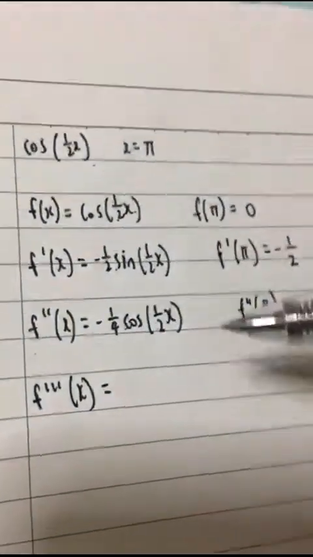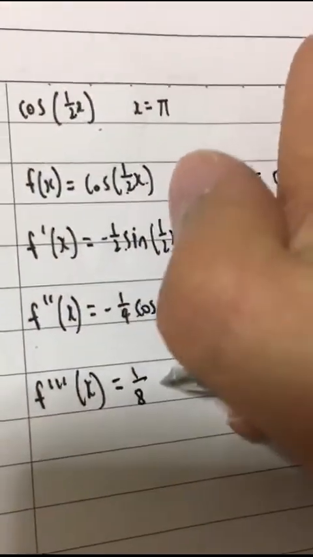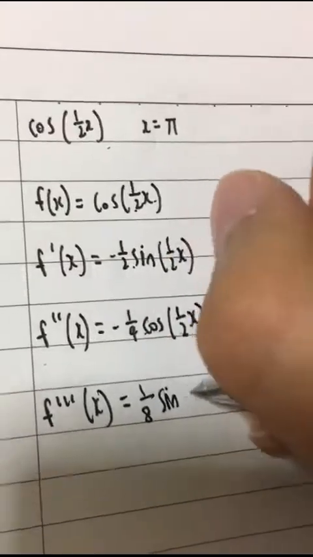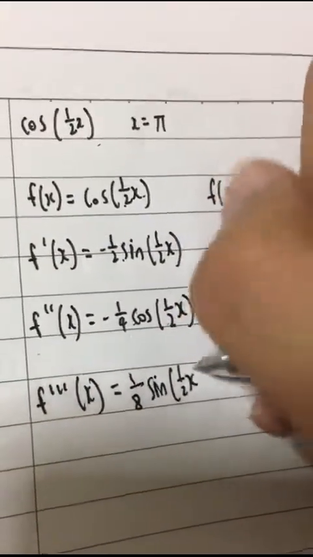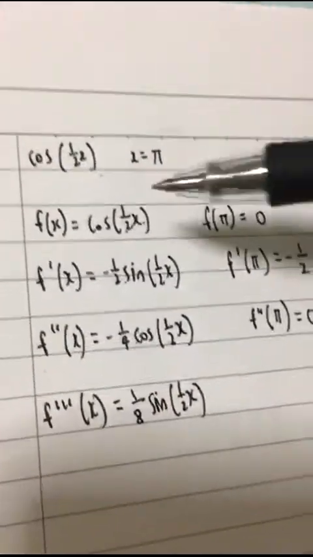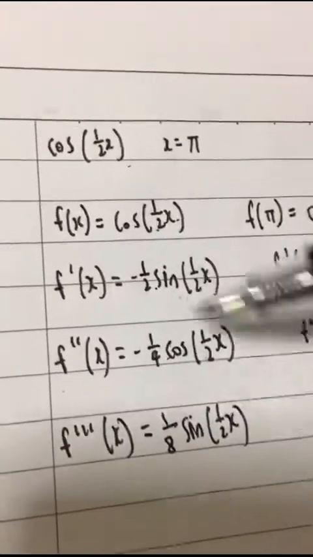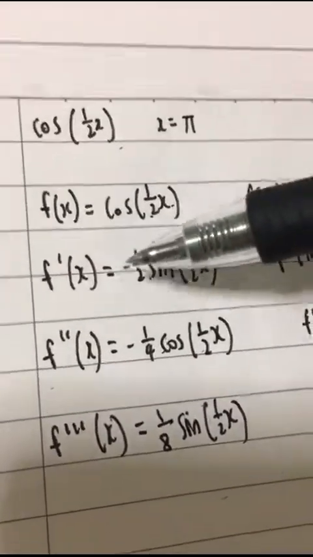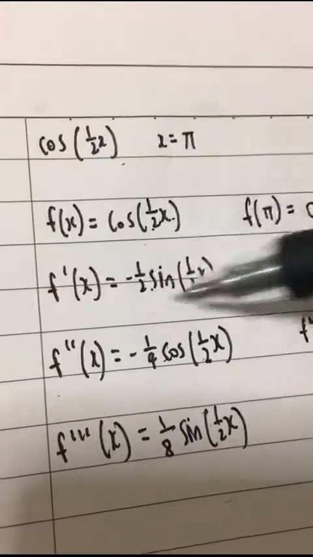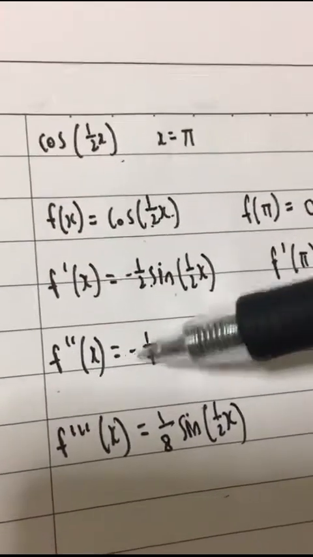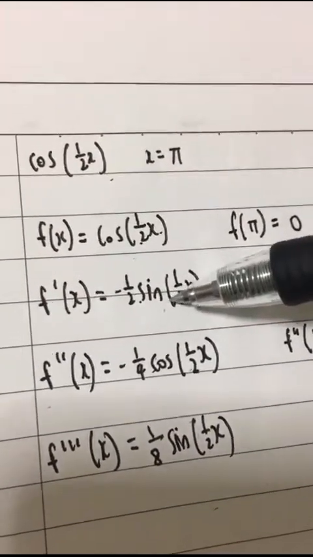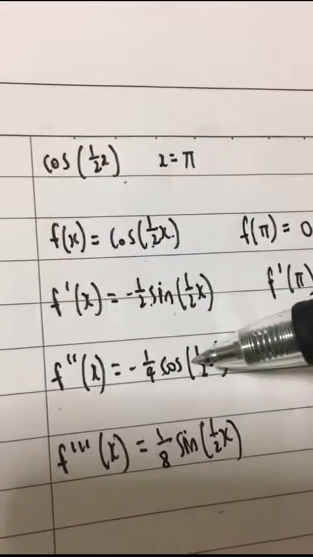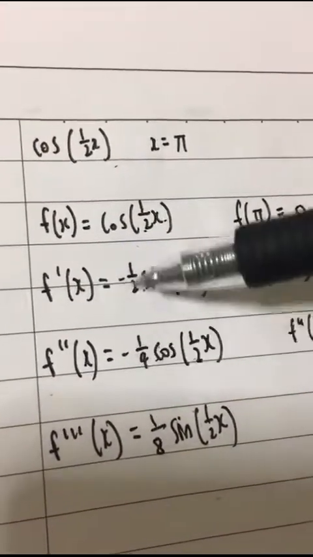After that, one, two, three, so we need to do one more. We differentiate this now, and you get 1/8 sine half x. Let me backtrack a bit. For negative half, when you differentiate sine you get cosine, so it brings over the negative.